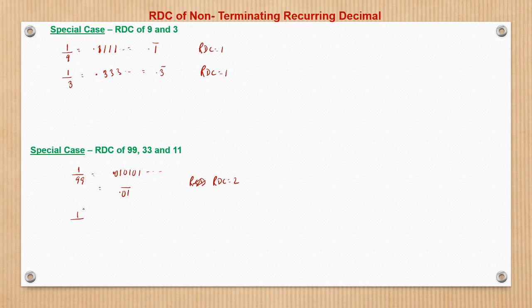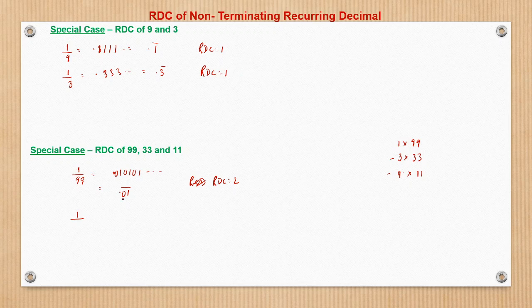Now, what are the factors of 99? How do we calculate the factors of 99? We can write 99 as 1 into 99, then 3 into 33, then 9 into 11, right? So these are the 6 factors of 99. So the factors would also have an RDC of 2, whereas we have seen that 3 and 9 have an RDC of 1. So that is fine.